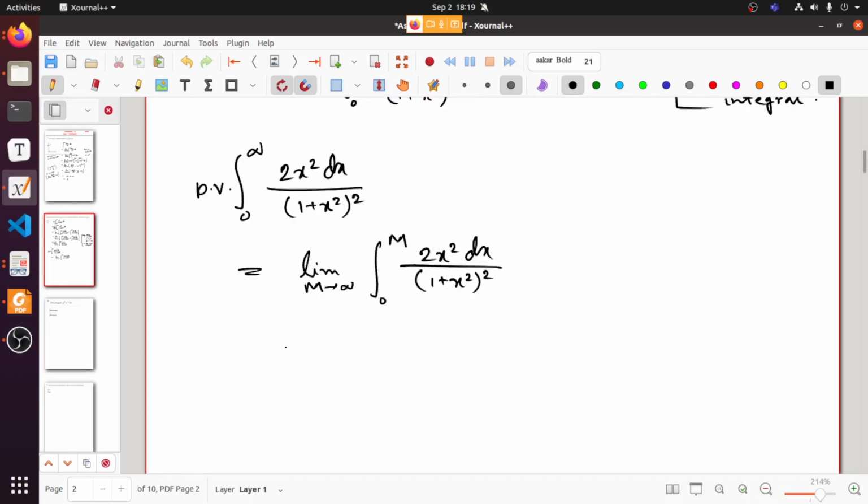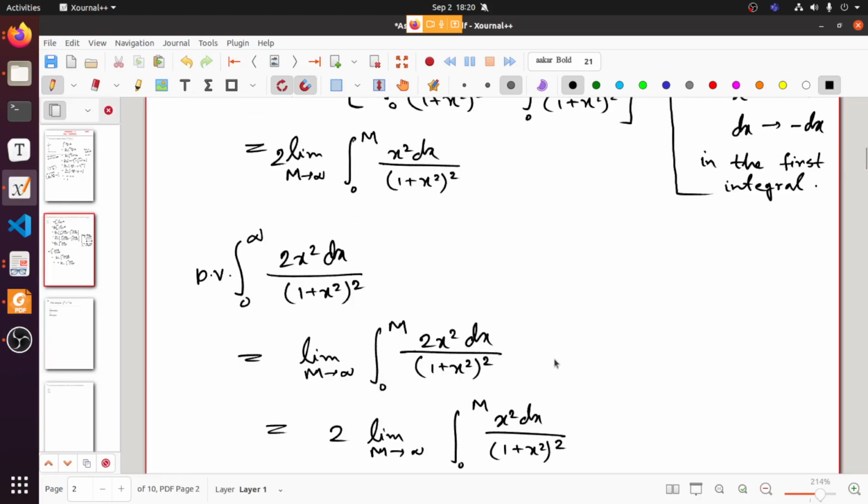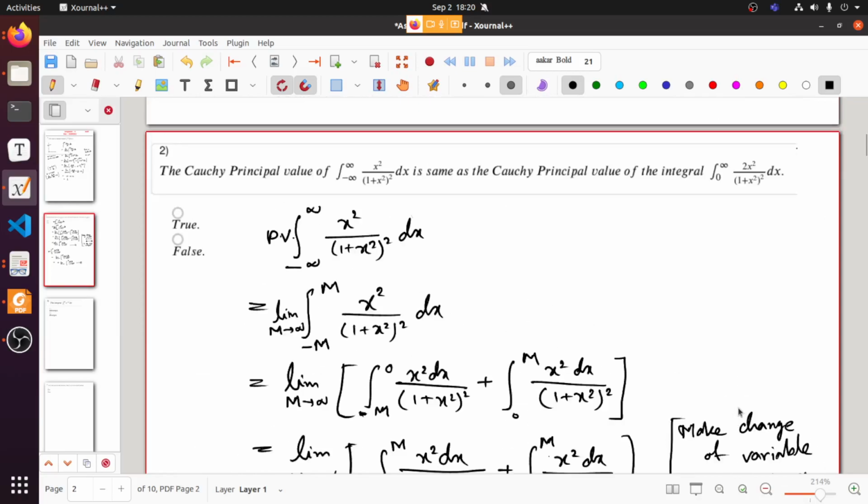So it will become 2 into limit m tends to infinity integral 0 to m x square dx by (1 plus x square) whole square, right? So now you can view that these two integrals become the same. This is the first one and this is the second one. So you get that the principal value of these two integrals is the same, right?